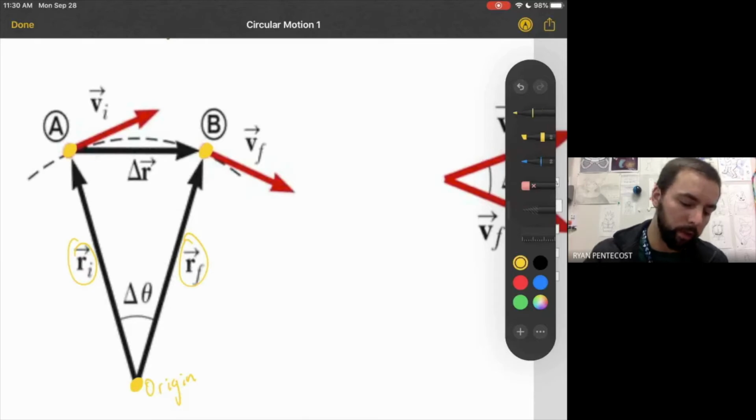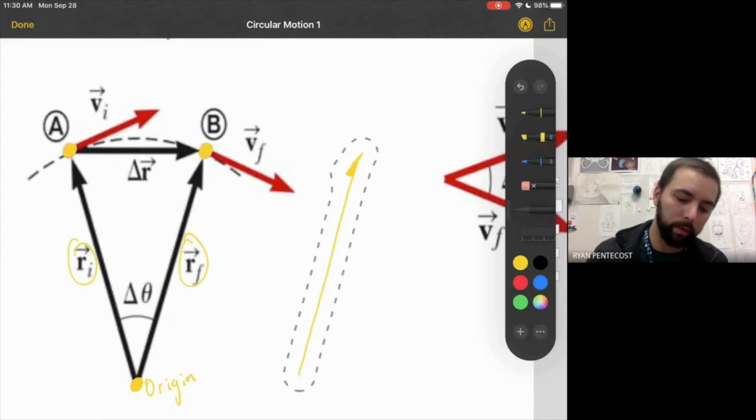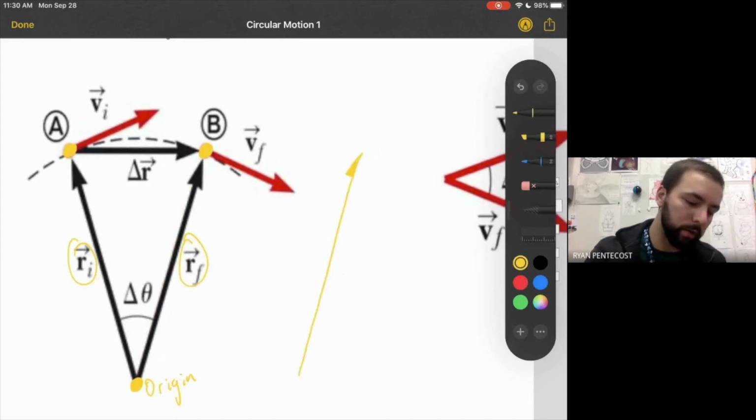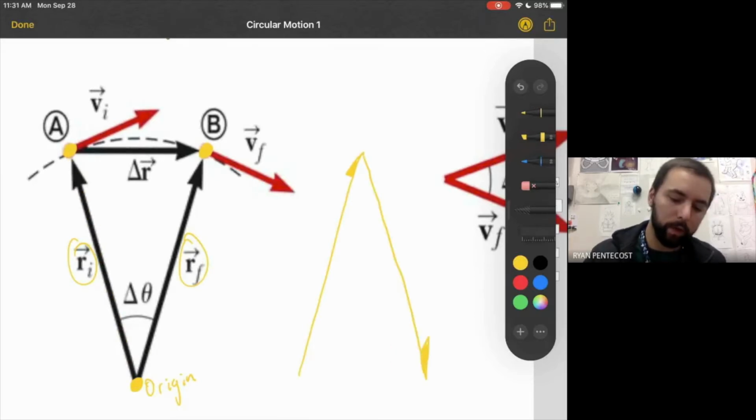If we take the vector Rf, let me snag that vector and move it over here. Now we're going to subtract Ri to show the change in position, so I'm going to put the head on the other end of this vector. Remember, that's a difference vector, which is vector subtraction, not vector addition.